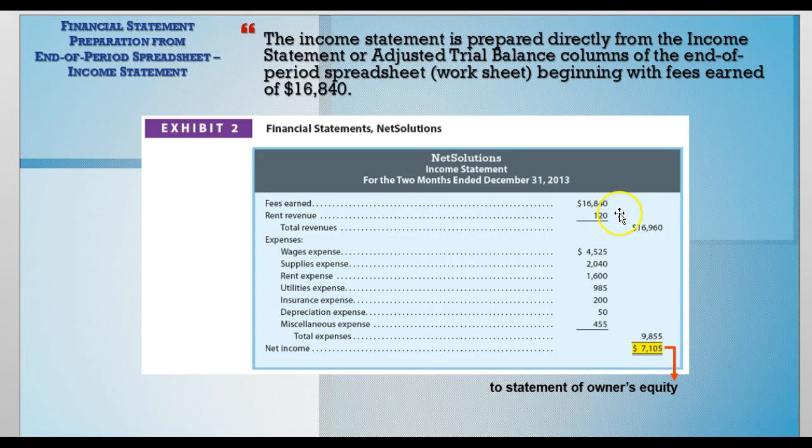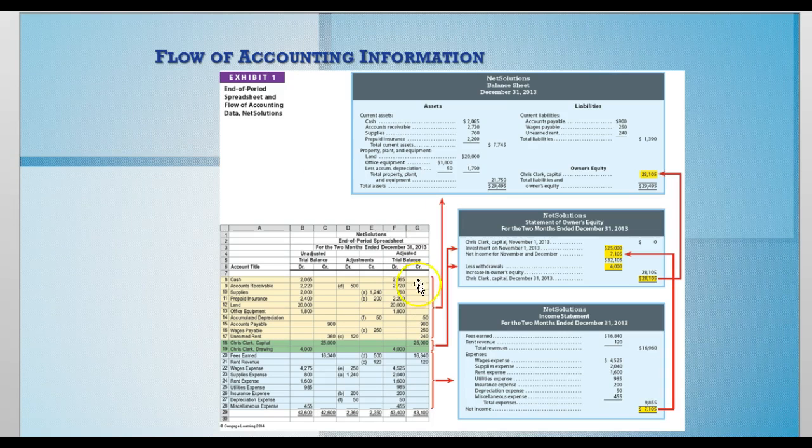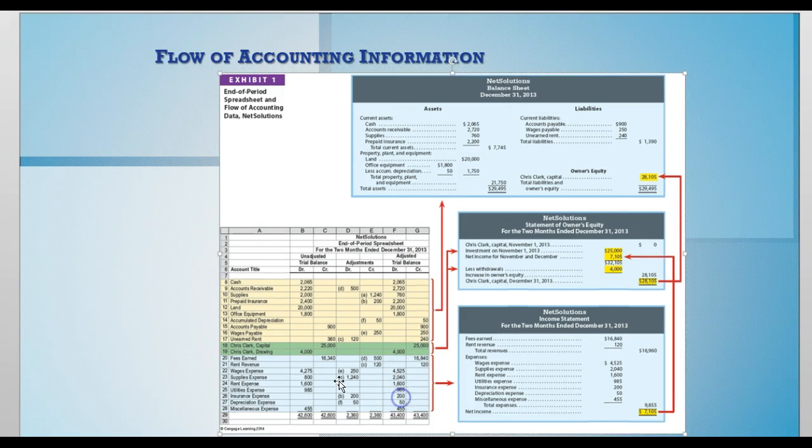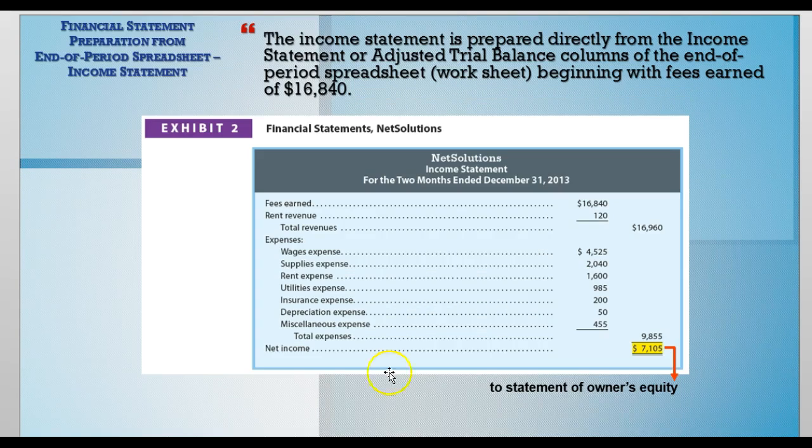All of these, each one of these balances are directly from this right here. This group right here are the numbers that you'll find here. And this is actually just a very simple income statement.